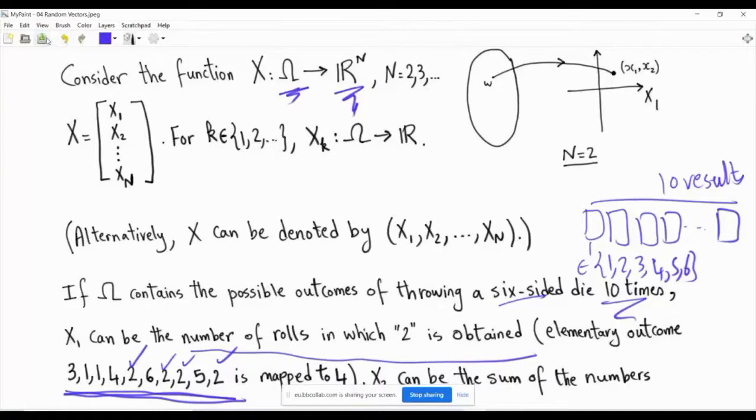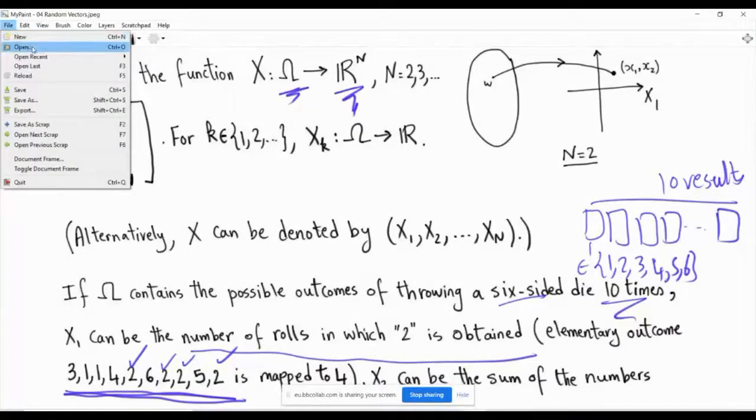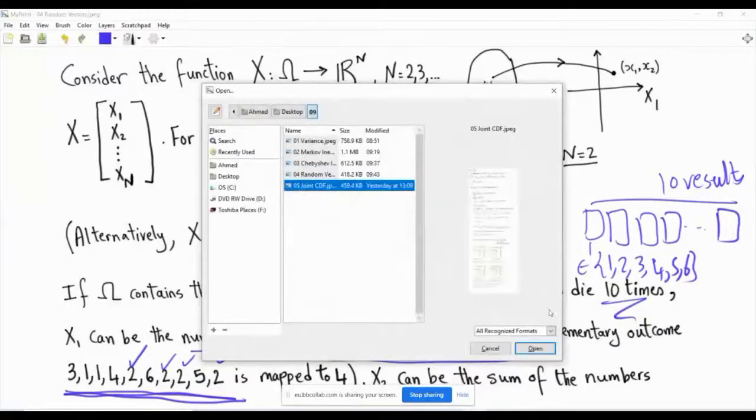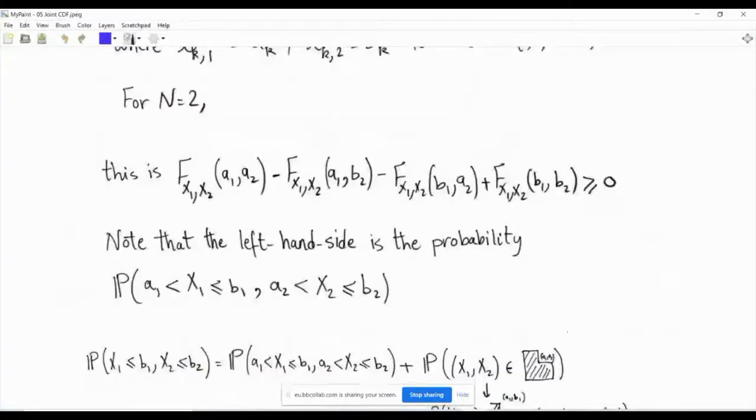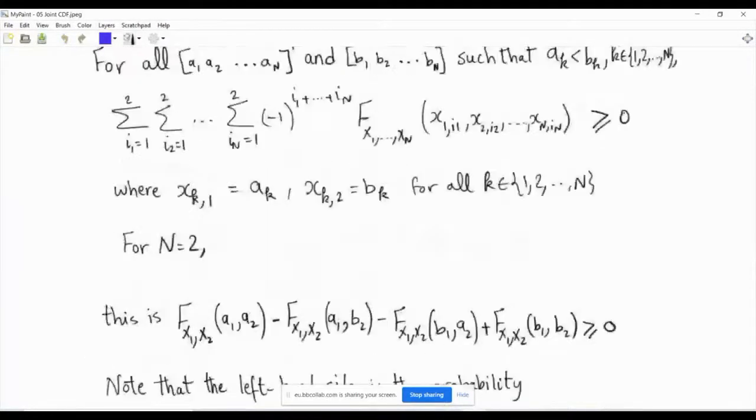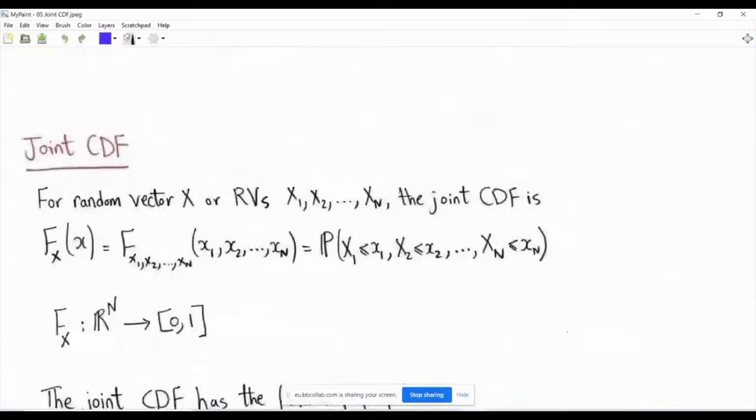So now the question is, how do we characterize random vectors? Do they have a sort of CDF? What are the properties of this CDF? And so on and so forth. Okay, so let's start with the CDF. Like for a single random variable, the CDF is defined for all types of random variables.